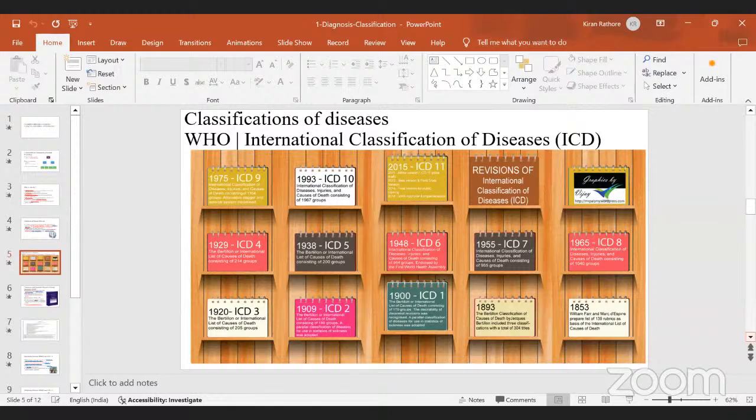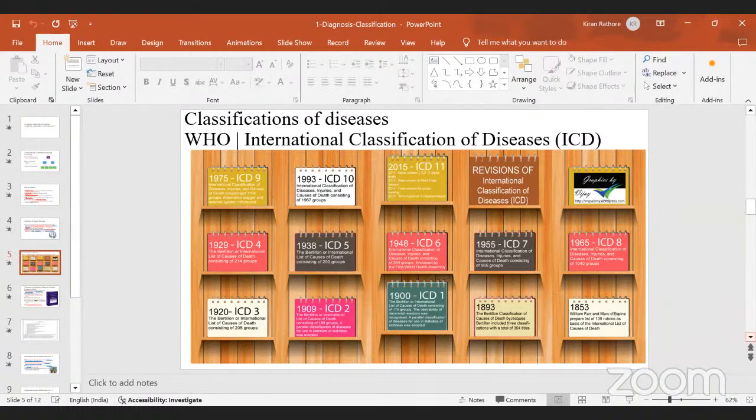So that is what ICD is, International Classification of Diseases. This ICD is maintained by WHO, that is World Health Organization.